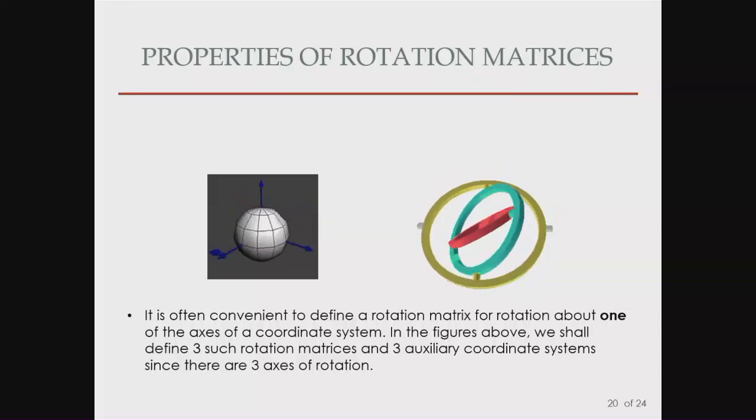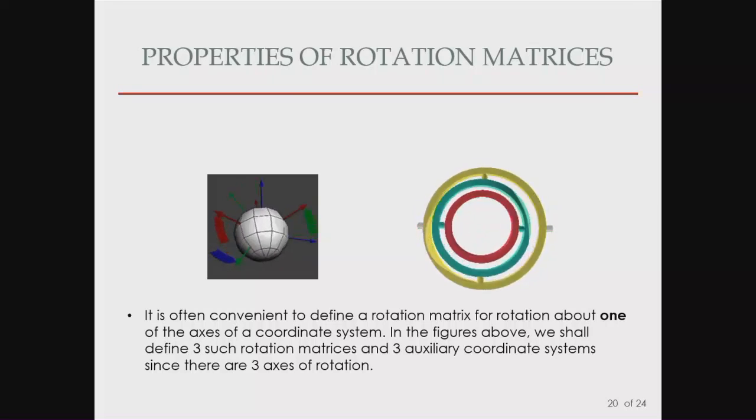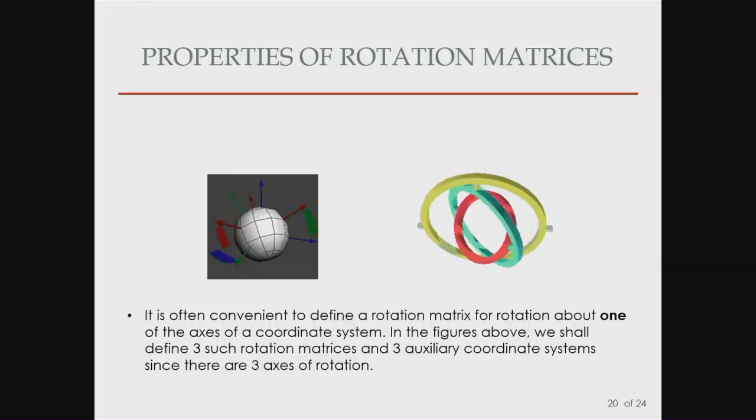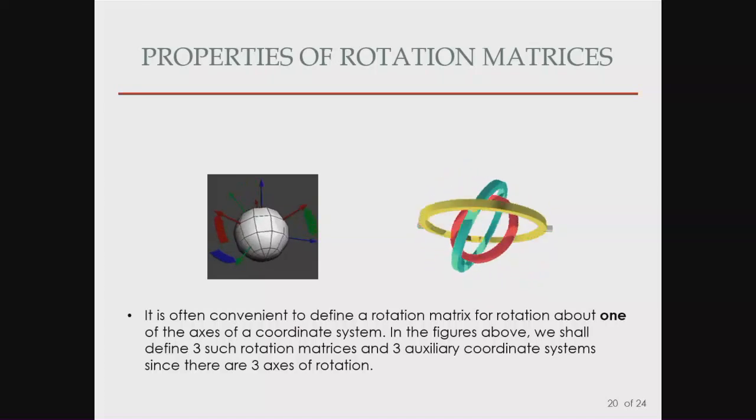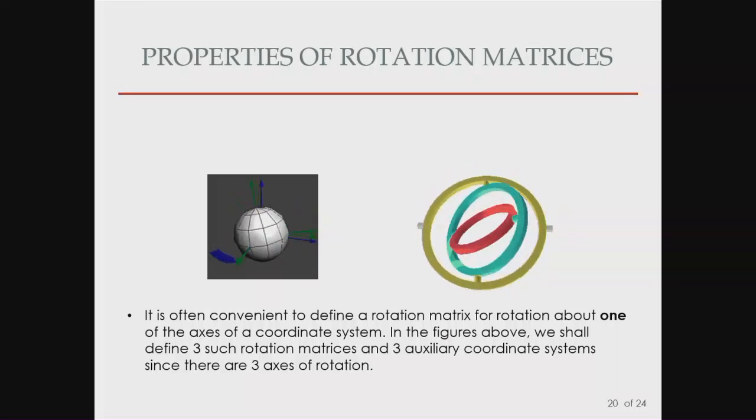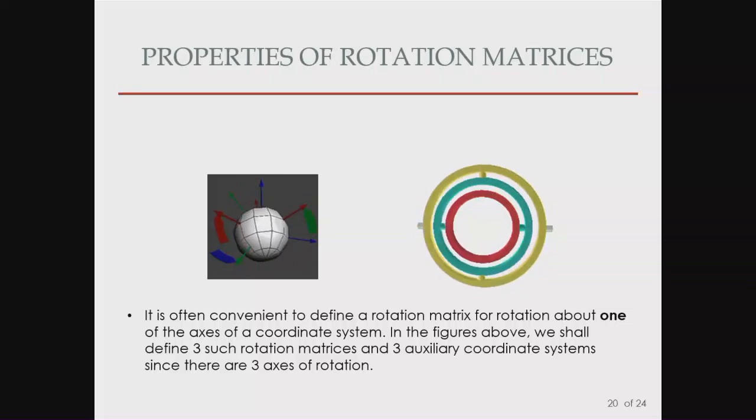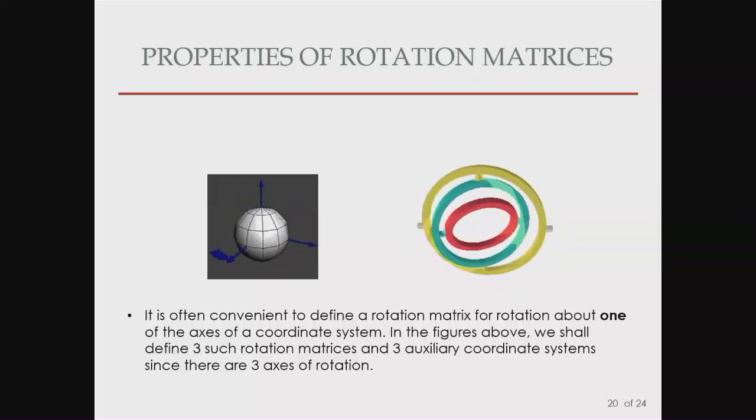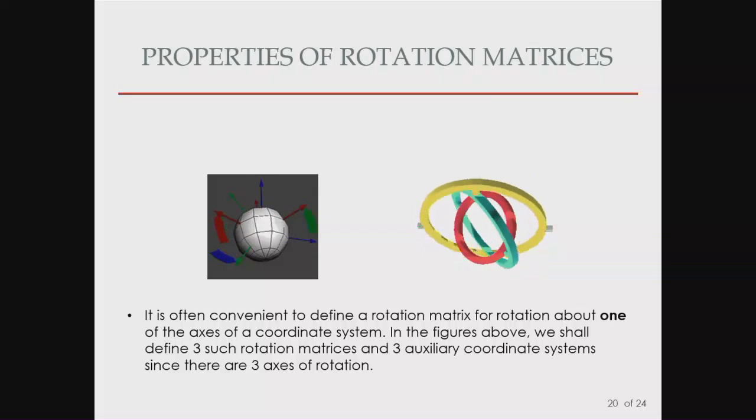Then you would use 3 rotation matrices about x, about y, about z, and you know how to cascade them to get from the final orientation to the initial orientation. So this is the idea overall. We will use this idea. I won't go too deep into it.